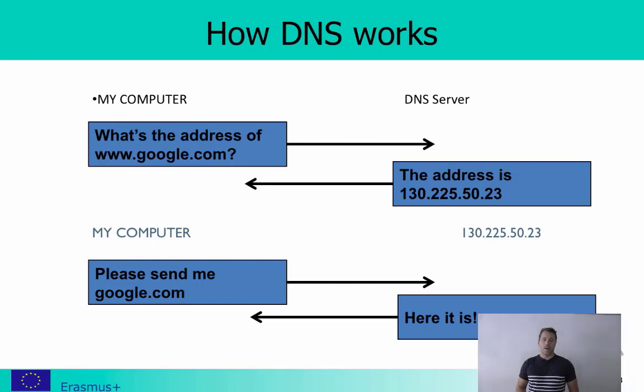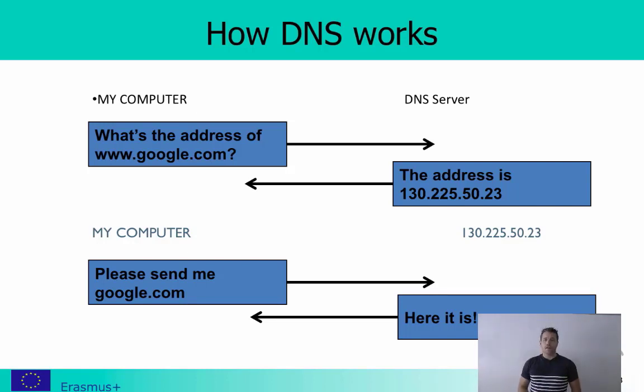In this case, the IP address is 130.225.50.23. Based on that reply, you can send an HTTP request to that IP address, and you get the reply back with the web page that you want to see.